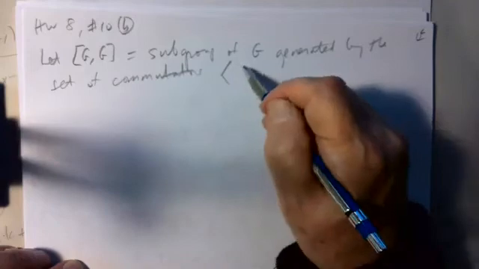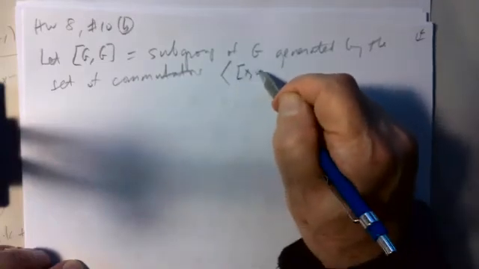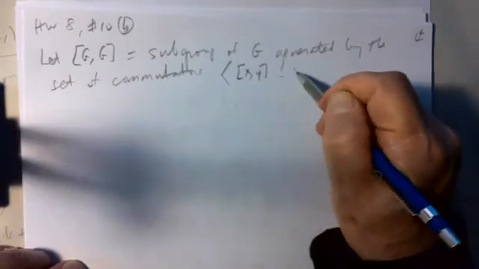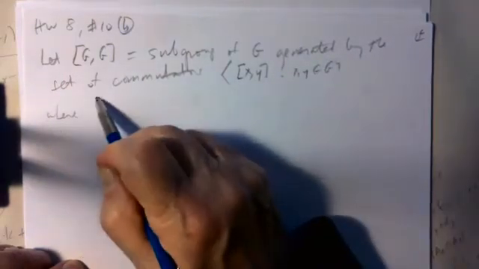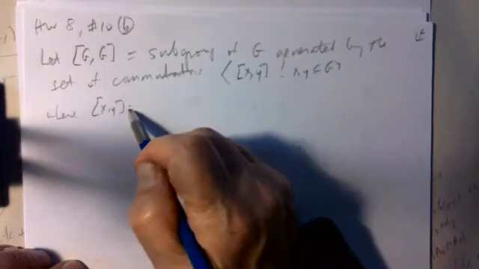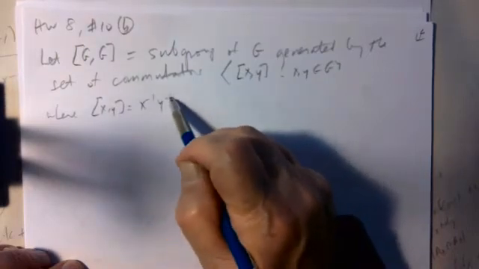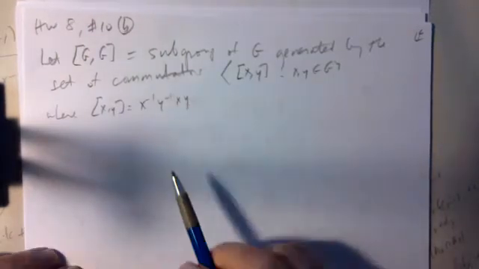So the set of commutators is the set of [X,Y] for all X, Y in G, where again this commutator of two elements is defined to be X inverse Y inverse XY.